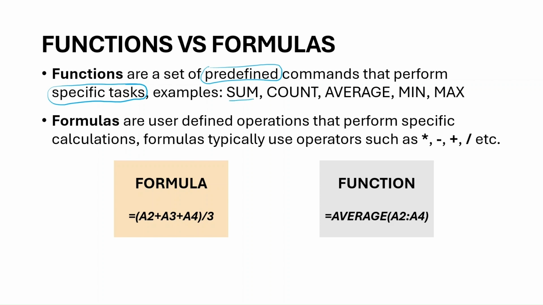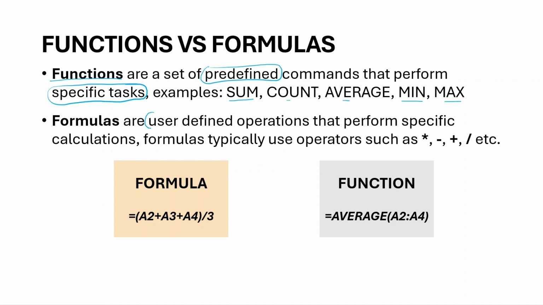Examples are sum, count, average, to find the average of an array of numbers. Count counts all the cells that have numbers in them. Min, the minimum number in an array of numbers. Max, the maximum number in an array of numbers. So that's functions.